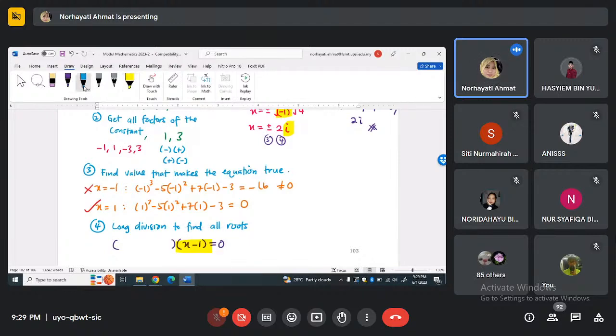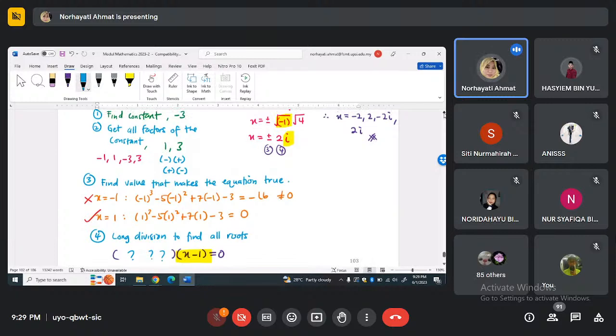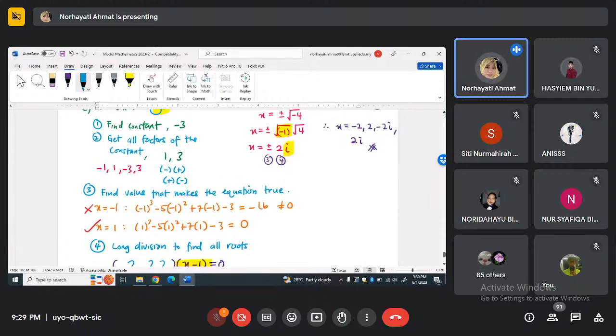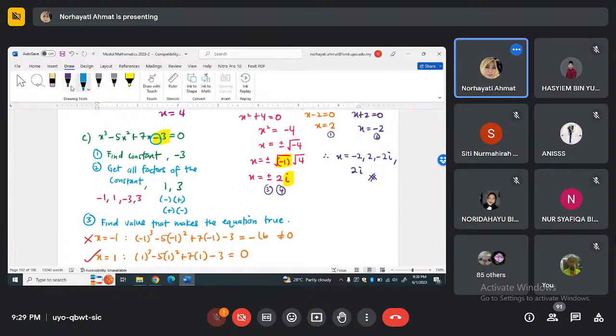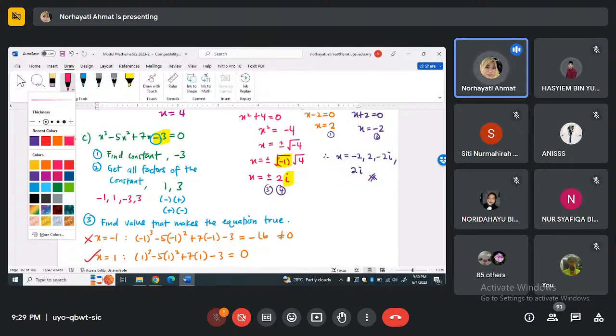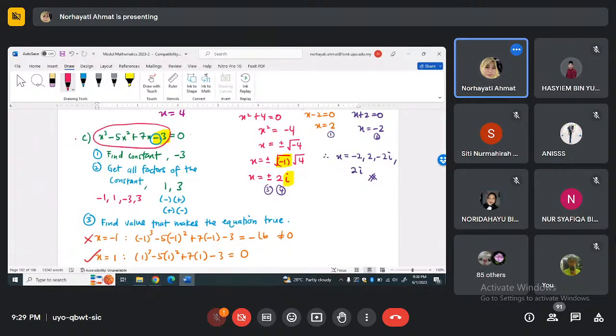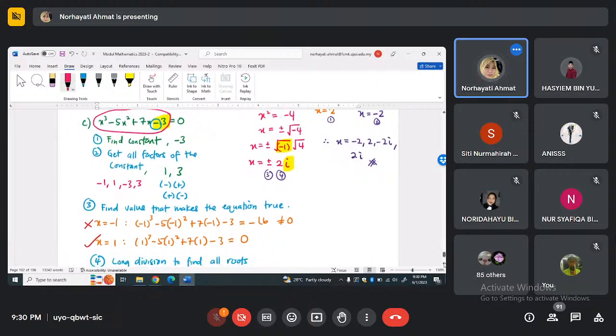Okay, we need to find what is inside this bracket. How to find the polynomial inside this bracket? We need to do long division. So what is the next process? We need to divide the given polynomial, this polynomial, by the root, the one that we found in step 3. This one.